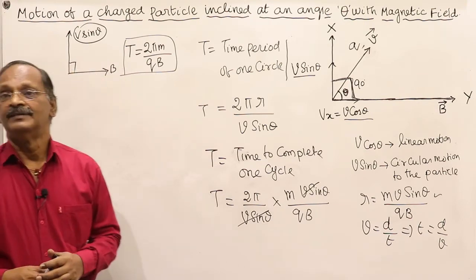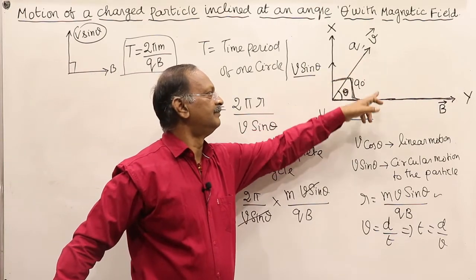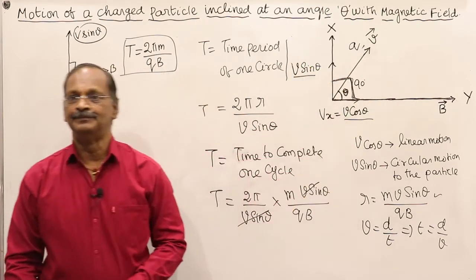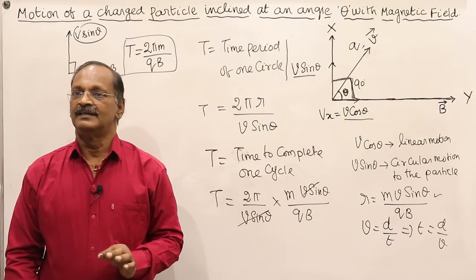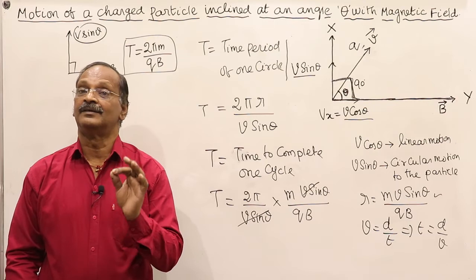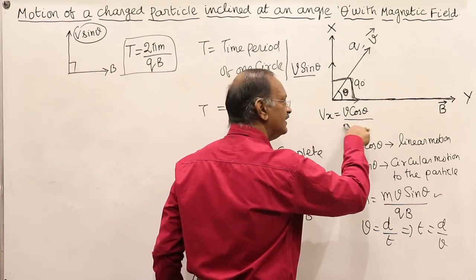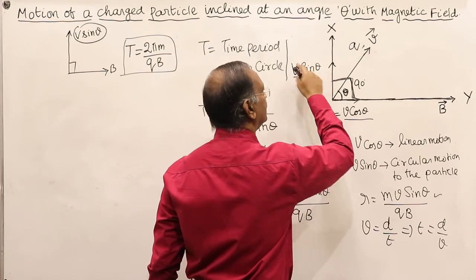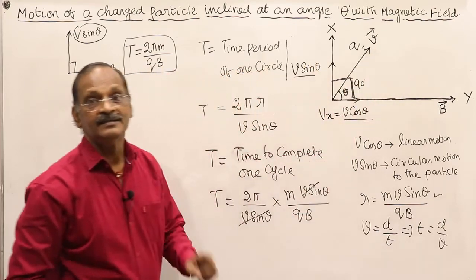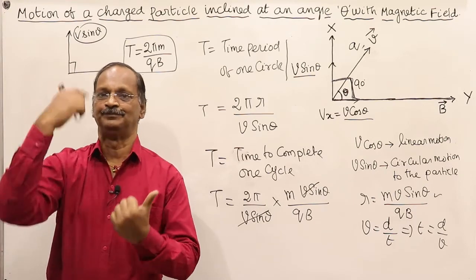So because of its components v cos theta and v sin theta, the charged particle is undergoing the combined effect of two component velocities. This is one component, this is another component of the velocity. It is under two motions, one linear motion followed by one circular motion.